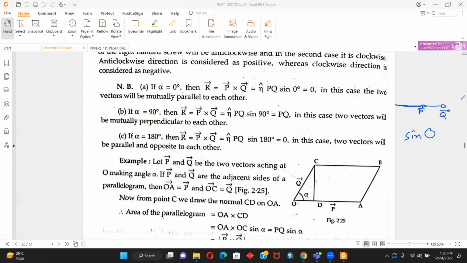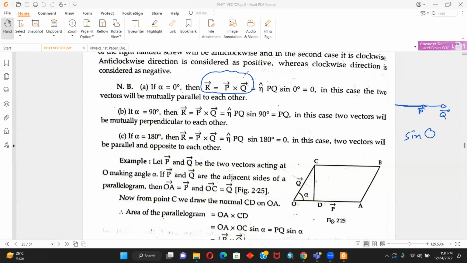But remember that was for our addition of vectors, and we are not doing any addition here. We are doing cross products, so the resultant is a different thing in this case.